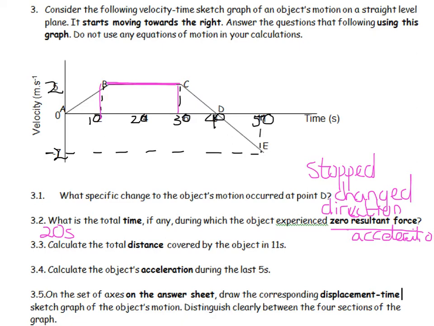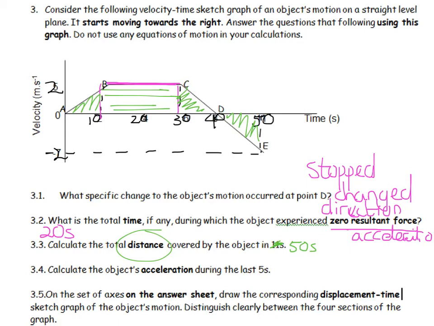Calculate the total distance covered by this object. So it's not in 11 seconds, it's in 50 seconds, the whole journey of this. So what's going to happen is we're going to say, I've got a triangle, I have a rectangle, I have a triangle, and because it's distance, I will add this extra triangle over there.